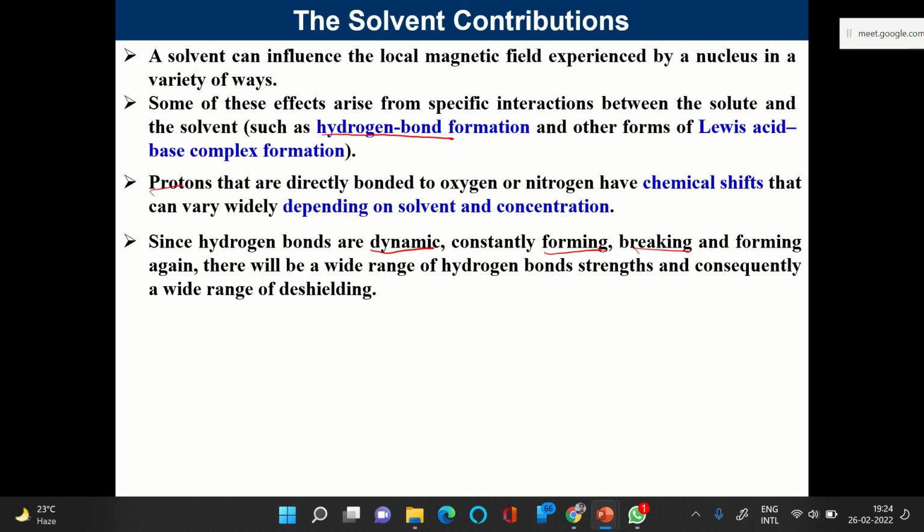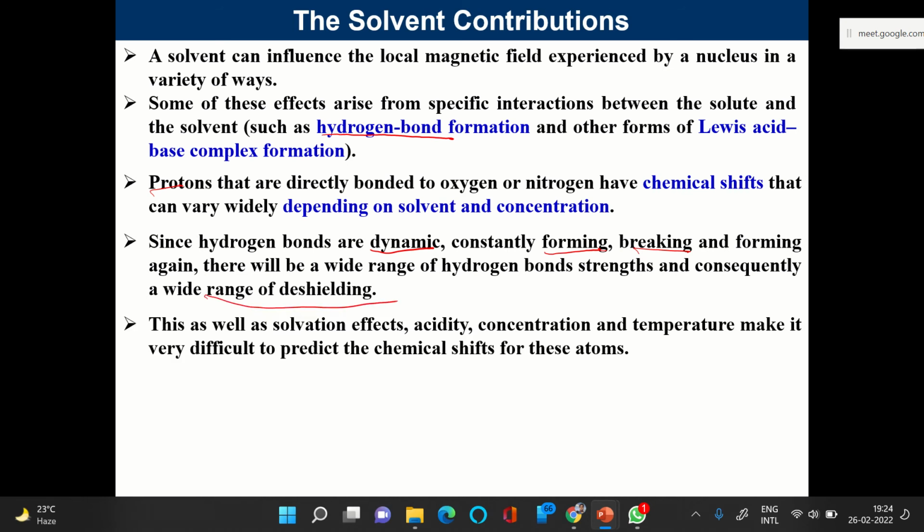Because of that, there is a wide range of deshielding, and in turn you will have a wide range of chemical shift values spreading around a particular chemical shift. So the overall effect is that the width of the peak increases. Width of the peak, as I told you in the last class, is measured in terms of FWHM, full width at half maximum.